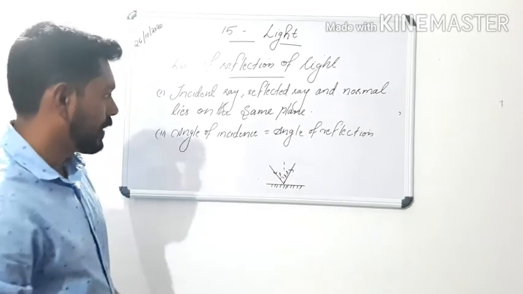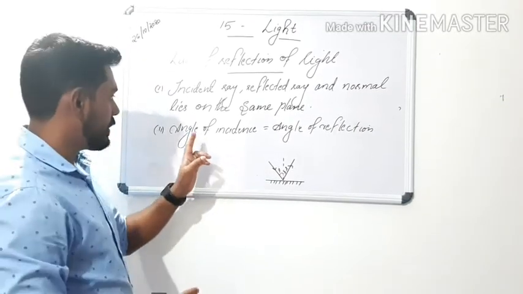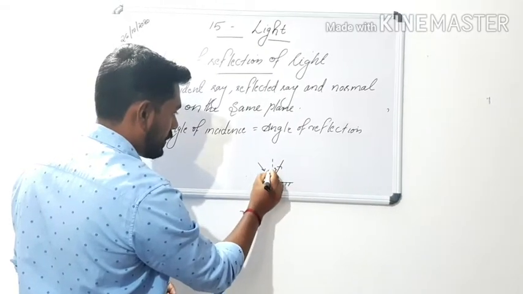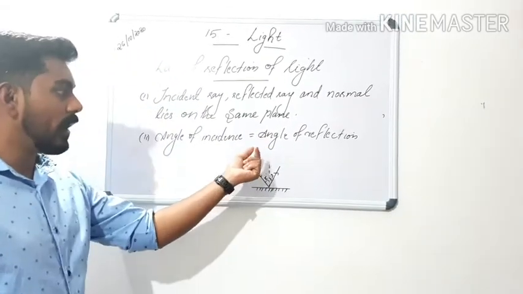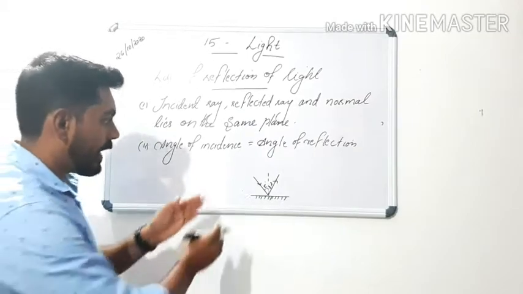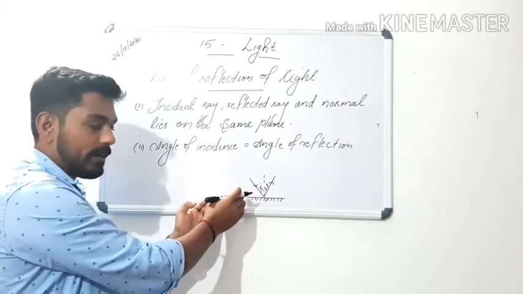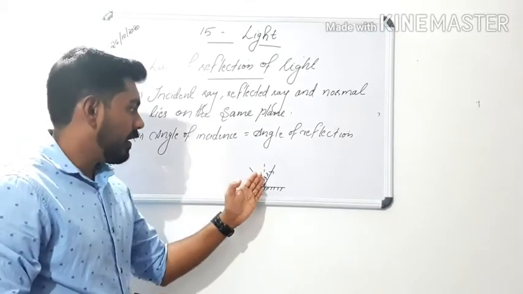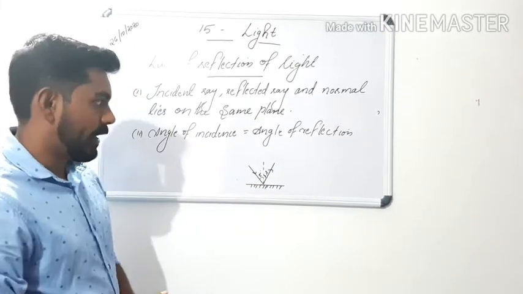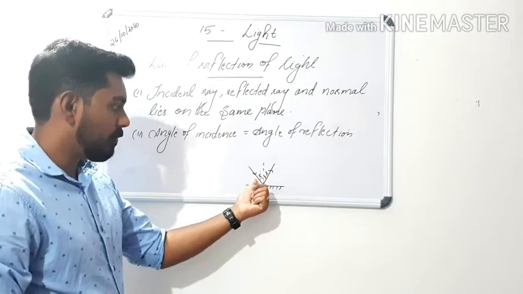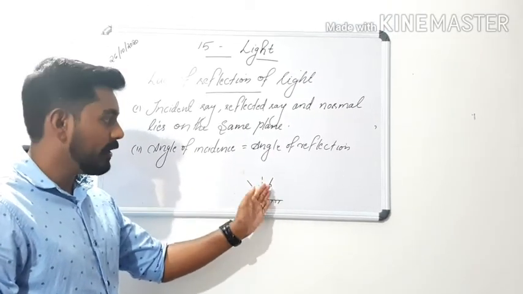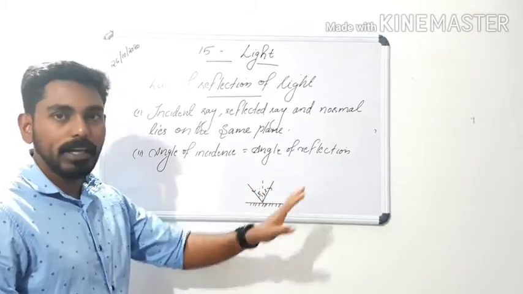The next law says that the angle of incidence, i, is equal to the angle of reflection. That is, the angle between the normal and the incident ray is equal to the angle between the normal and the reflected ray.